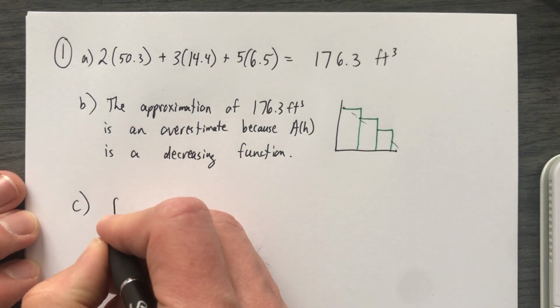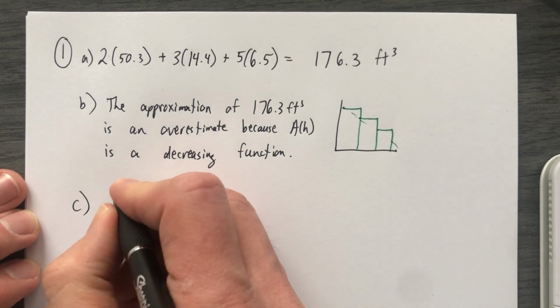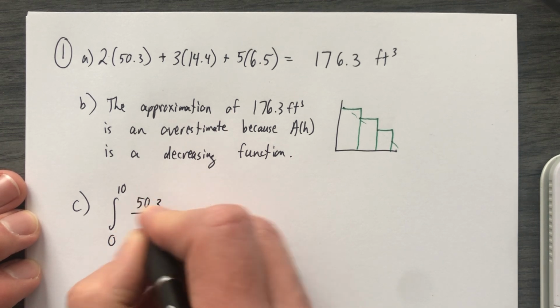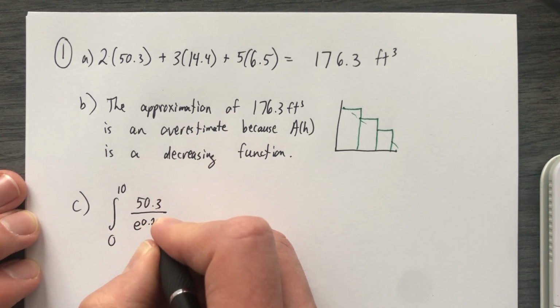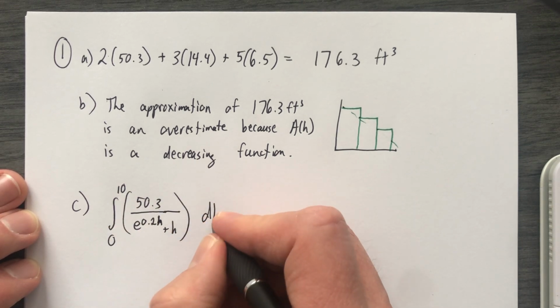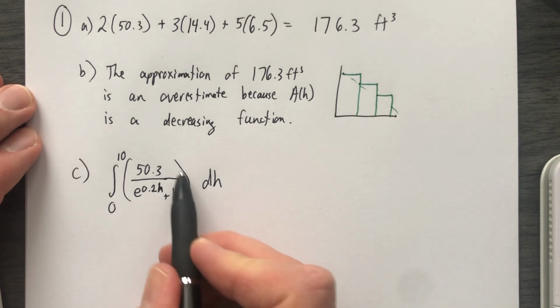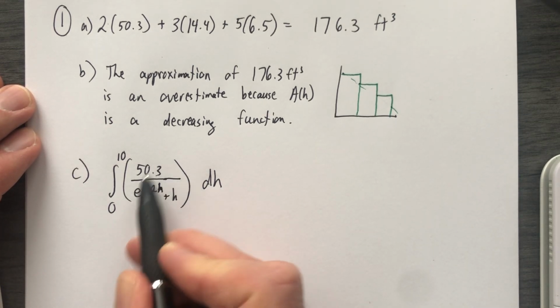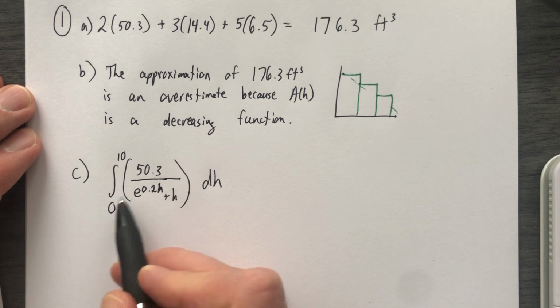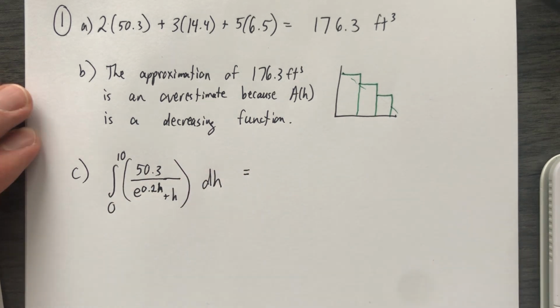So the integral from 0 to 10 of our function, 50.3 over e to the 0.2 h plus h, and then dh. So this is the area at any given value h, and if we added up all those areas, we would get volume.